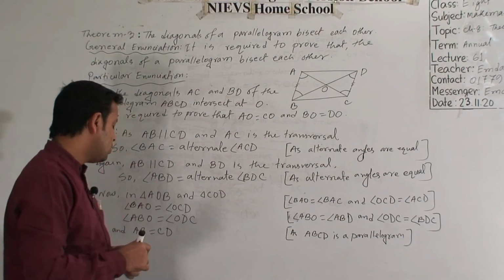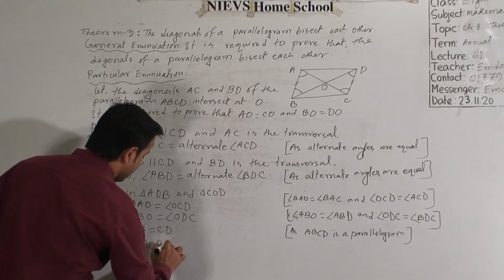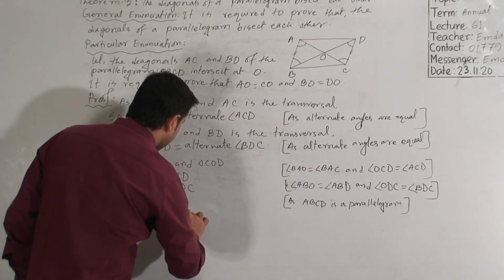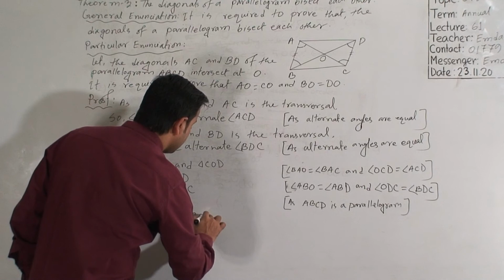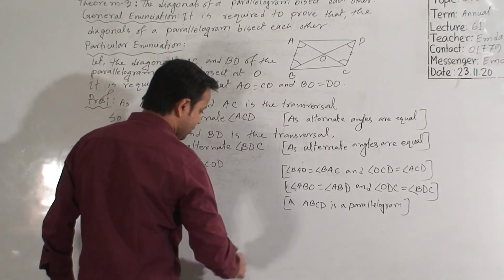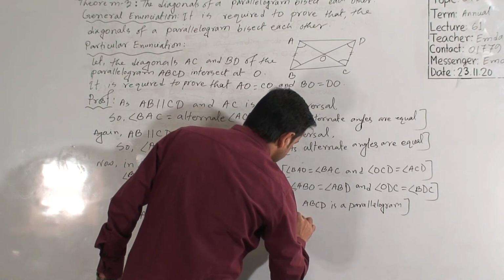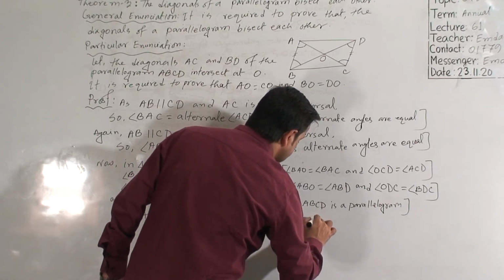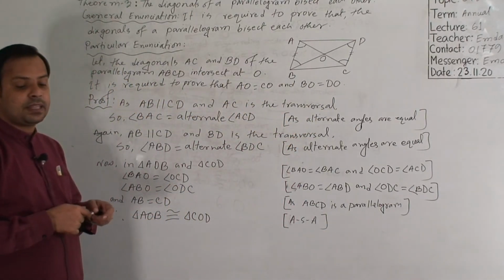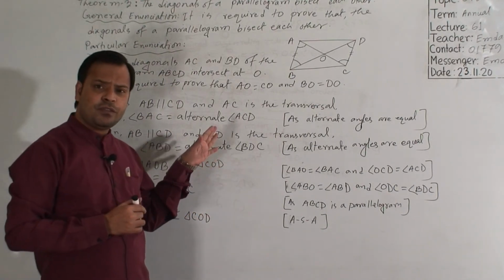So we can say therefore triangle AOB is congruent to triangle COD, from the angle side angle theorem of congruency.